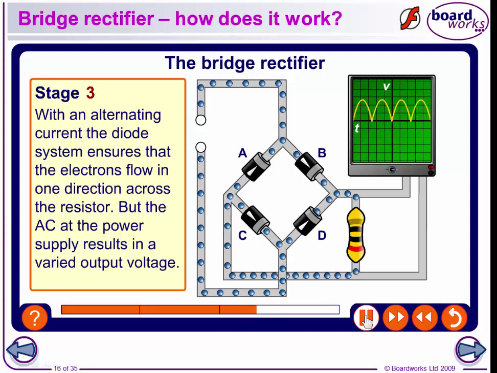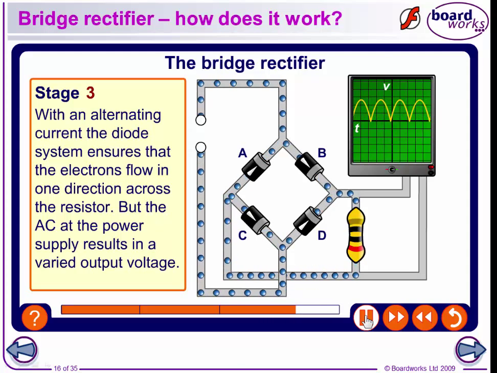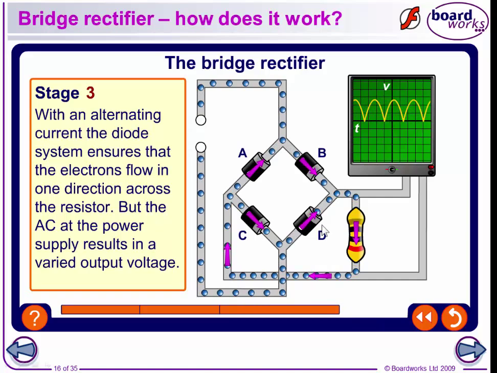So as it changes direction, the signal will go in the opposite direction. But the current will always go the same direction through the resistor or the load, and this is what is connected to the CRO. So with an alternating current, the diode system ensures that the electrons flow in one direction through the resistor, but the AC at the power supply results in a varied output voltage.